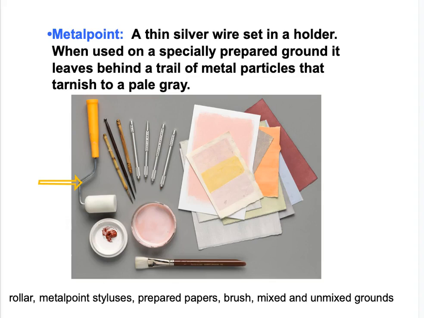It's kind of confusing as I talk about this because we talk about the ground being applied, which these are the papers that have been prepared. We say that's the ground, and ground has been applied. So it's kind of confusing. It's all lumped together a little bit. The paper is the ground, and then also the stuff that's being put on there, the paint that you see on there, is what we also call the ground.